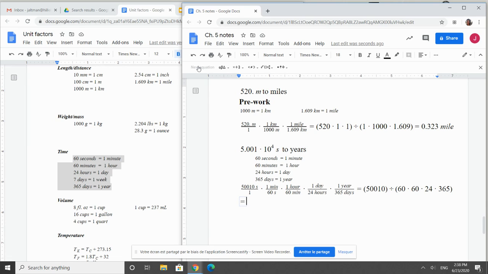Because 5.001 times 10 to the fourth has 4 significant figures, I'm going to need my final answer to have 4 significant figures.